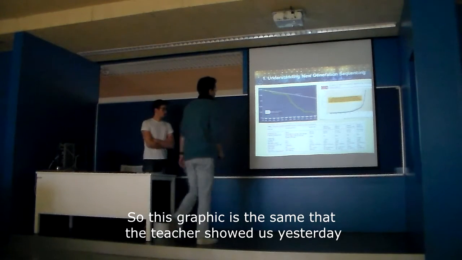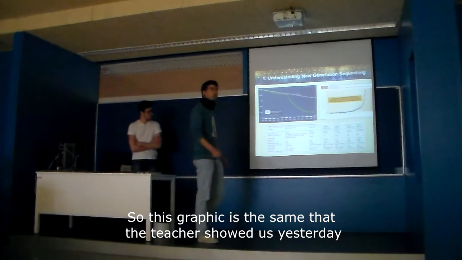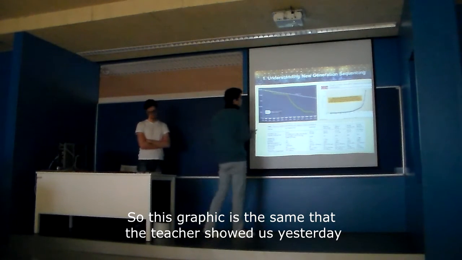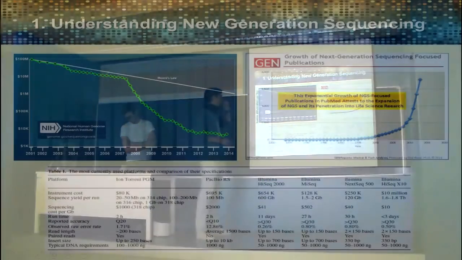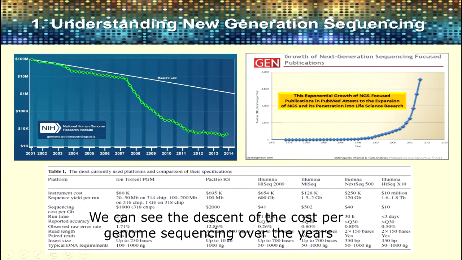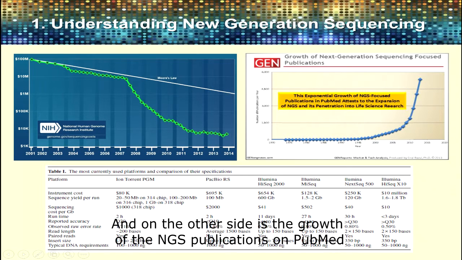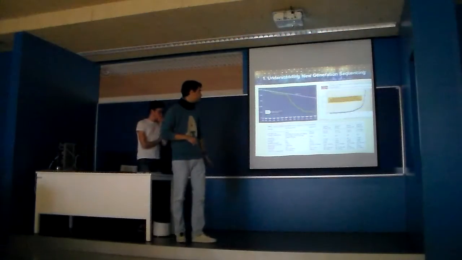This graph is the same one that the teacher showed us yesterday. We can see the descent of the cost of the genome sequence over the years, and on the opposite side the growth of next generation sequencing publications in PubMed.